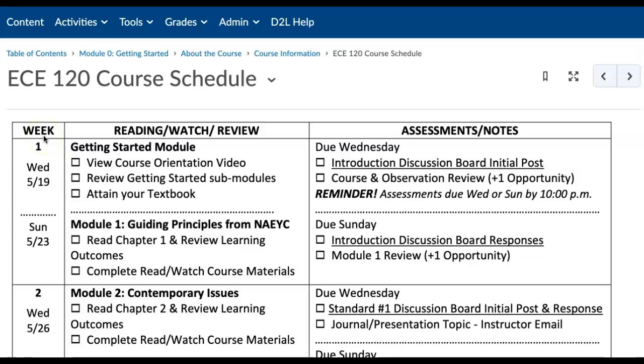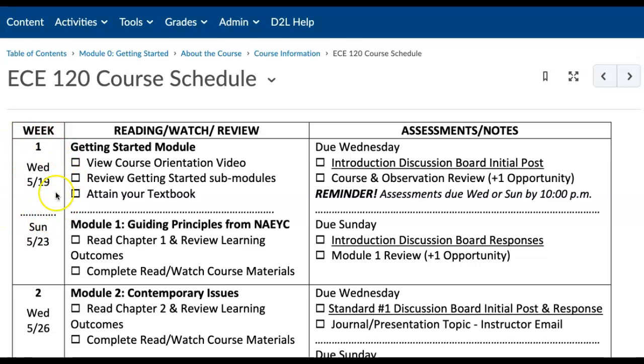Weeks 1, 2, and 3, the materials and the assignments will support your first exam. This document is structured with the week to the far left, the read, watch, and review materials in the middle column, and your assessments and any notes and reminders on the far right column.